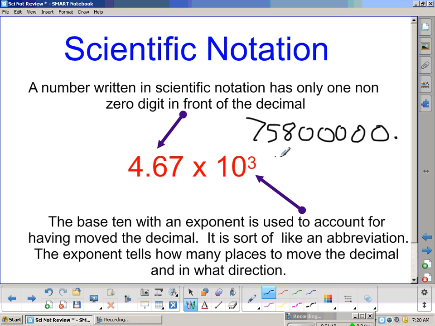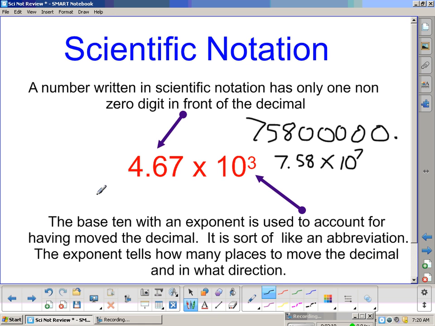So I'll rewrite it below. We'll have 7.58, and the whole goal of scientific notation is to not have to write all those zeros. So I'm going to write times our base of 10 to the however many places we moved our decimal, and again that's 1, 2, 3, 4, 5, 6, 7 places. And there it is in scientific notation.